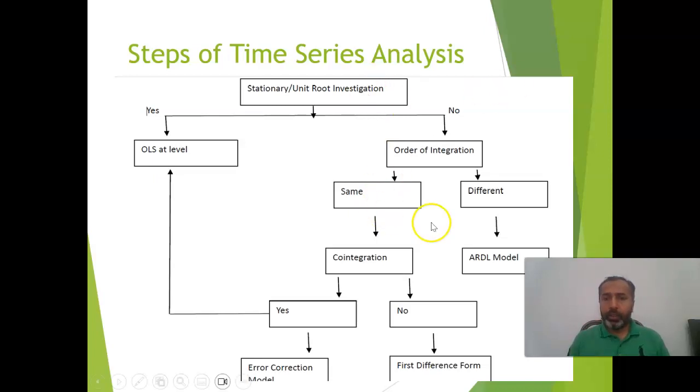If the order of integration of all the variables including the dependent variable is the same, then we shall move towards co-integration. However, if variables are non-stationary at level but their order of integration is different, which means some variables become stationary at first difference while some become stationary at second difference, then we shall run the ARDL model, which is the autoregressive distributed lag model.